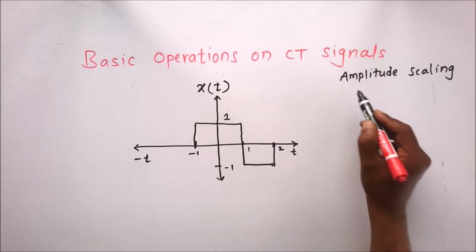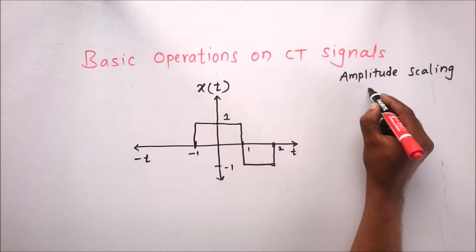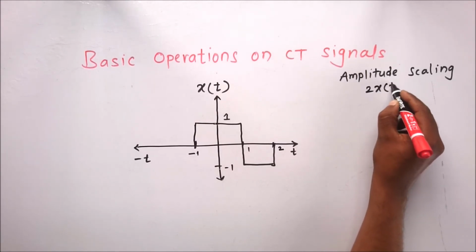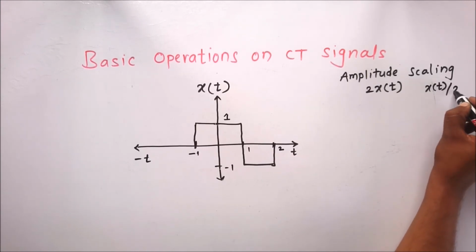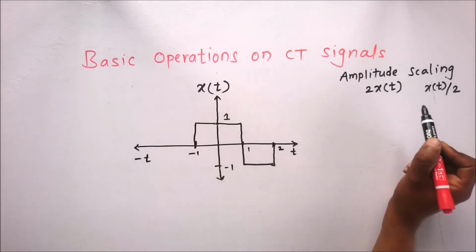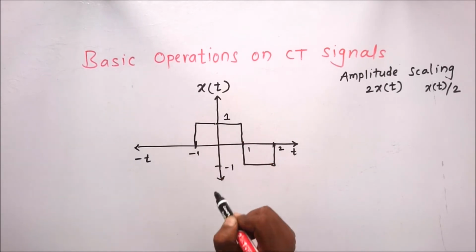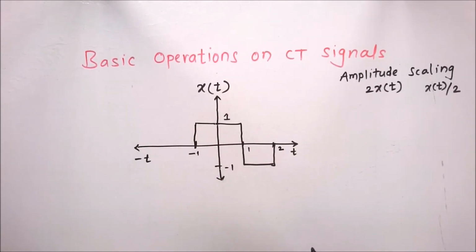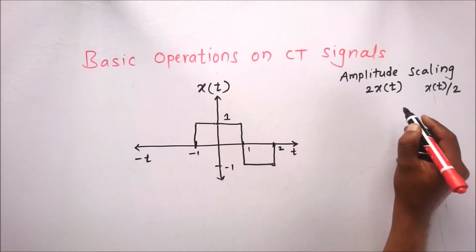The next operation is amplitude scaling. Under that we have two types of scaling. First is upscaling and another one is downscaling. Upscaling is nothing but 2x of t. Downscaling is nothing but x of t by 2. In this operation, 2x of t, whatever amplitude is given in x of t will be multiplied by 2. Now 1 will shift to 2 units. Let's draw 2x of t.